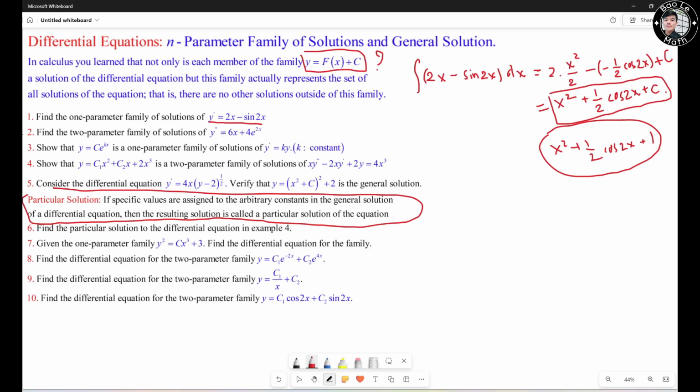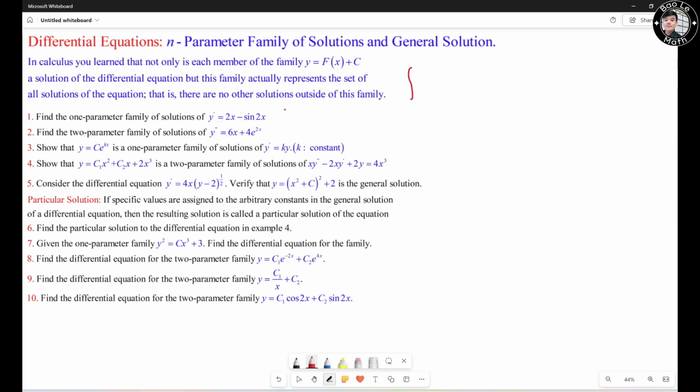Let's move on to question number 2. Find the two-parameter family of solutions of the differential equation. So this is twice differentiable, right? We're going to take the antiderivative of this differential equation twice. So we take the antiderivative the first time, of 6x plus 4 times e to the 2x, dx.